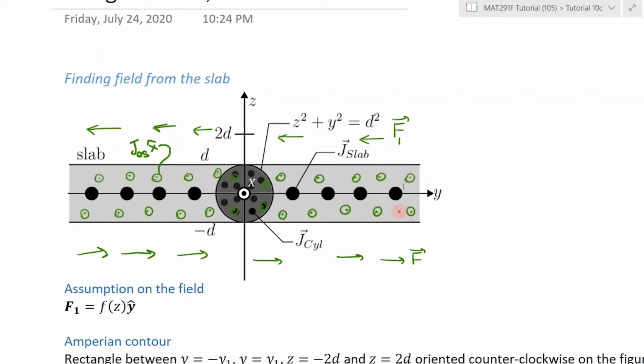You see that the field only has a y component, negative y component above the slab, assuming J0s is positive, and positive y component below the slab.